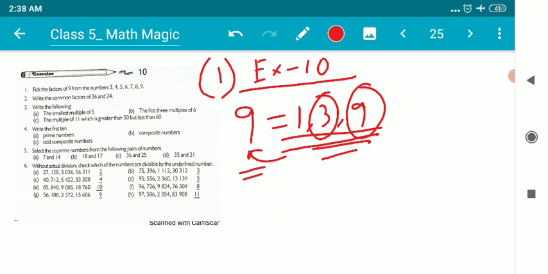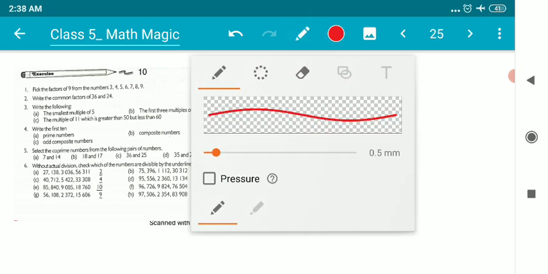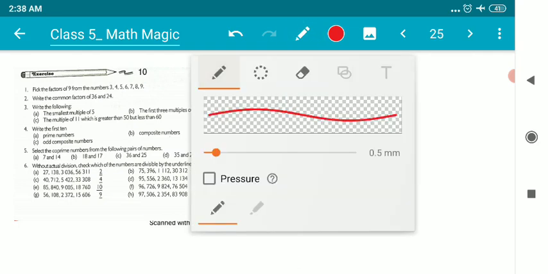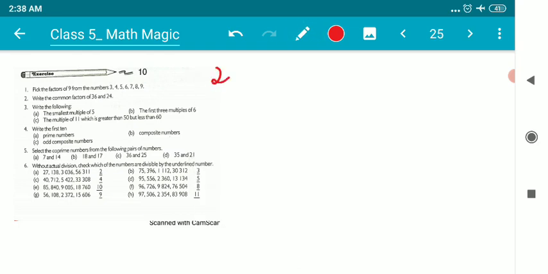Now children, let us talk about question number 2. Question number 2 is to write the common factors of 36 and 24. So before we find the common factors, let us find out all the factors of 24 and 36.